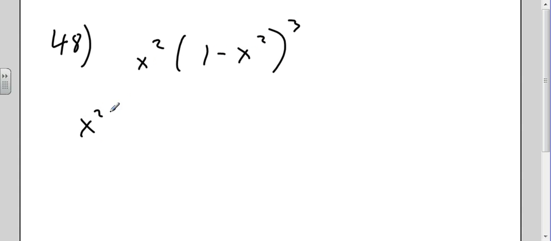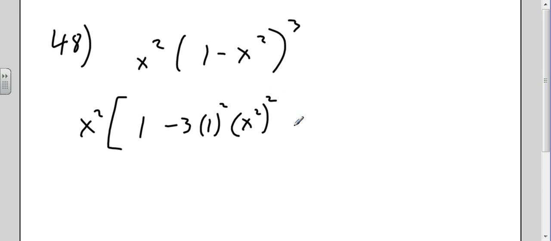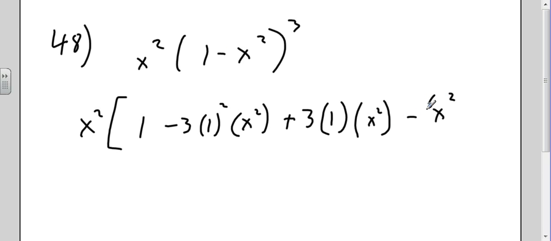All right, so I've got x squared times 1 minus 3 times 1 squared times x squared to the first, plus 3 times 1 times x squared squared, because the minus sign is taken care of in our form, minus x squared cubed.